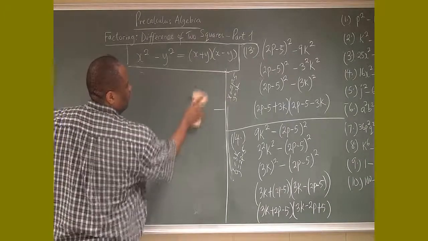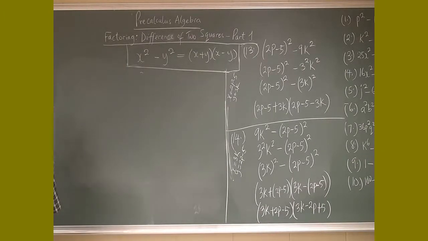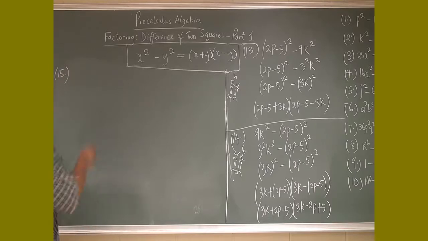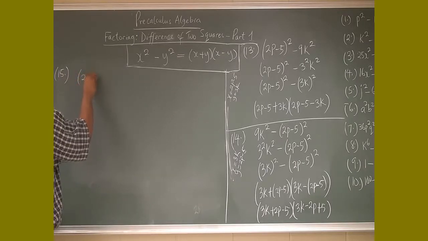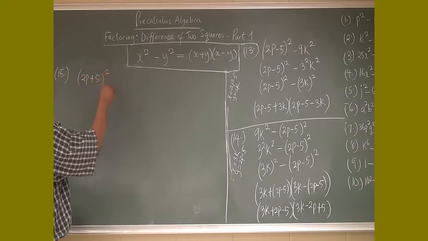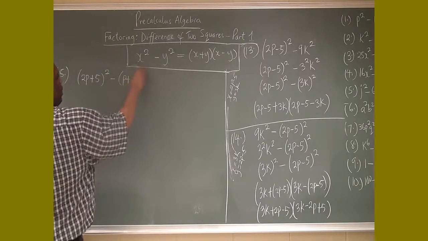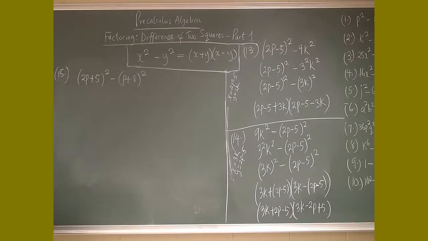Question 15. 2p plus 5 all squared minus p plus 8 all squared. So in this case, we already know what our x is and our y is, right?